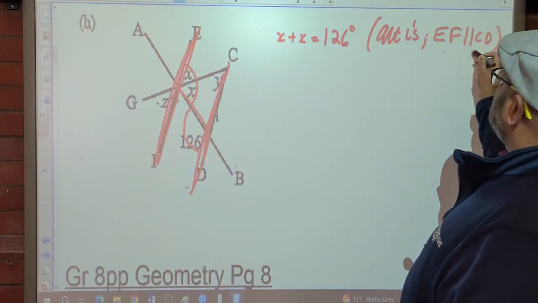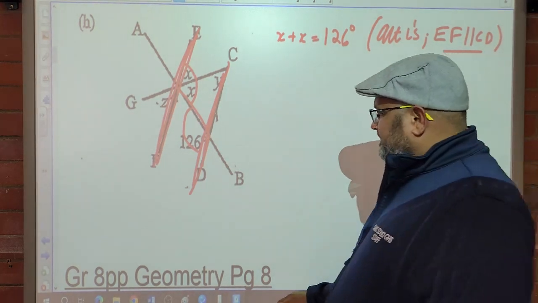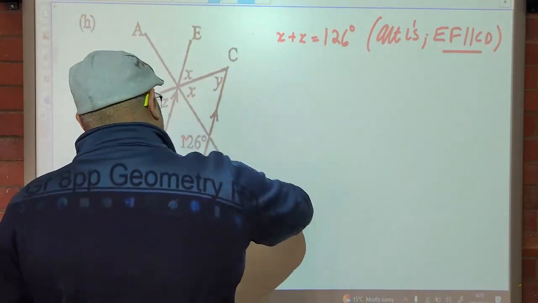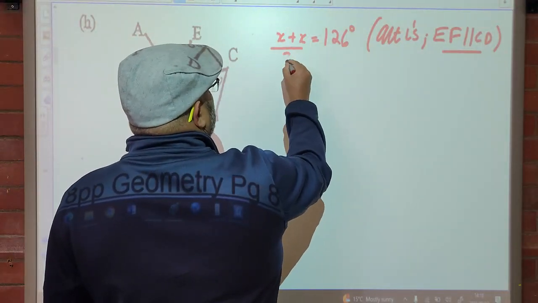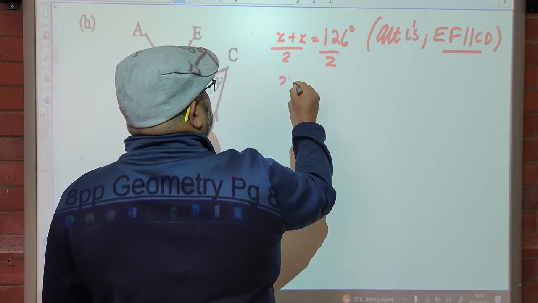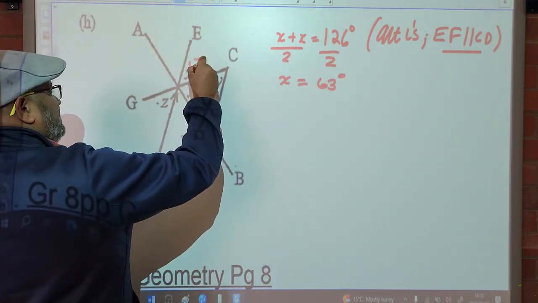People, if you leave this out, you lose the mark. Okay. Which means now 2x, I can divide by 2 both sides. That gives me 63 degrees. So each x is 63.